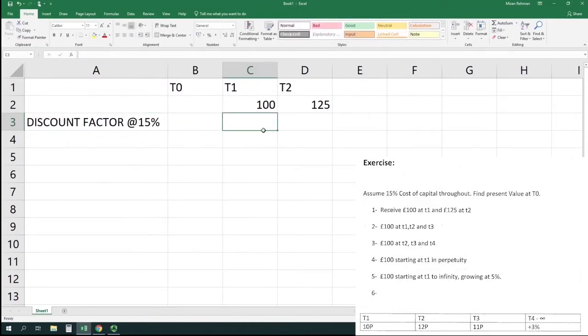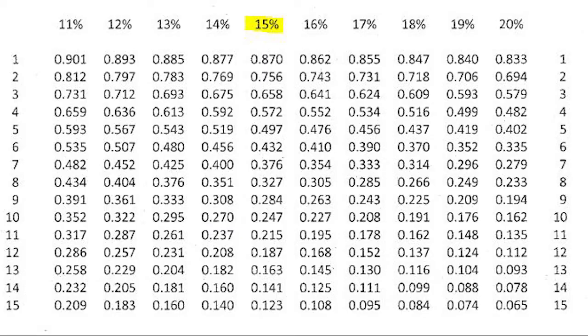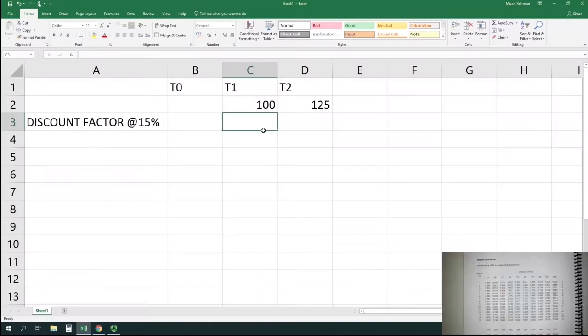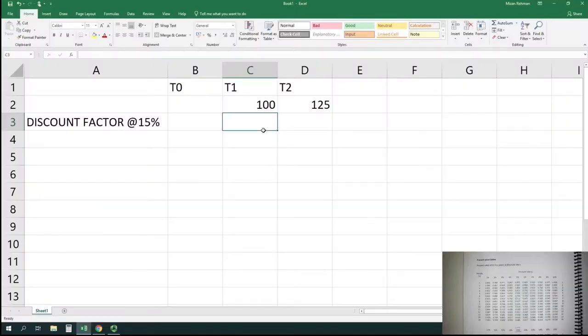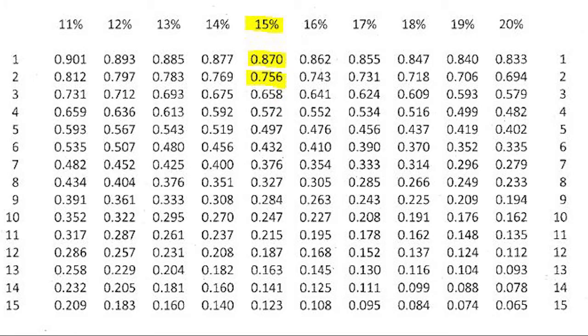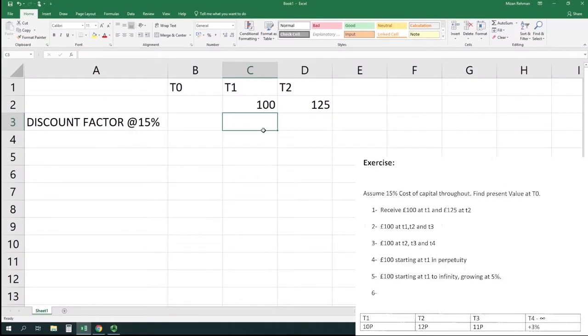At 15%, let's go to our present value table. Under 15%, for 1 year, the value of £1 is 0.870, and after 2 years is 0.756. So I will multiply the T1 value with that and the T2 value with this.